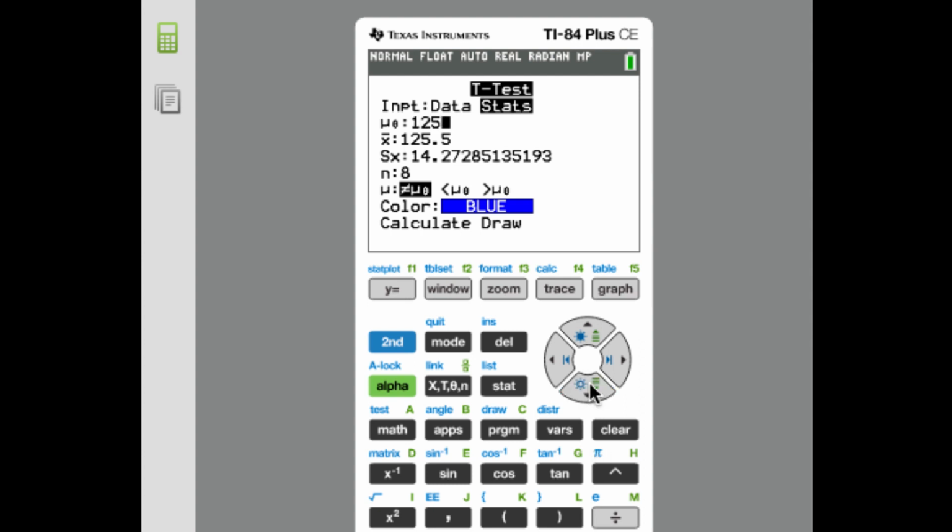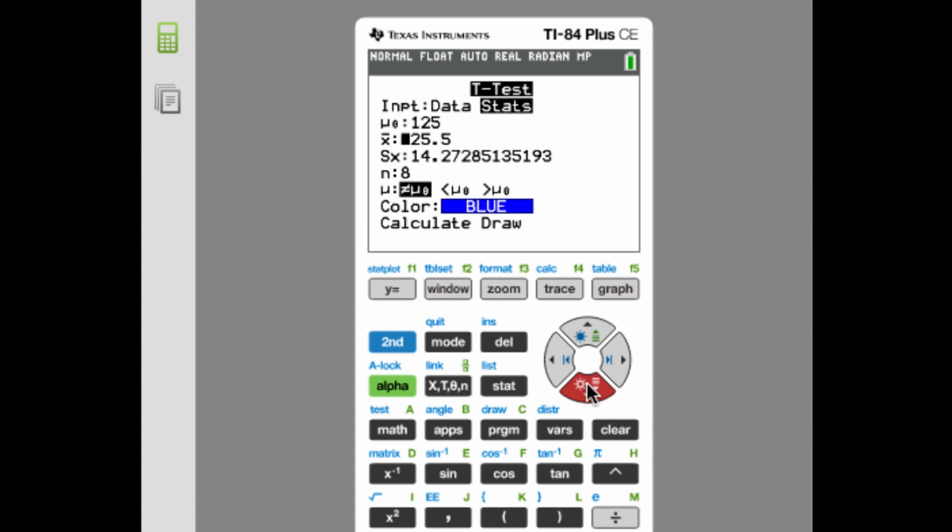125. Okay. Sample mean. You go, wait a minute, Mr. Judge, I got a little deja vu. Guess what? My sample mean is right there, 125.5. And the sample standard deviation is not the approximation of 14.3. This is a much better approximation. Okay, keep it. So you know what it did?